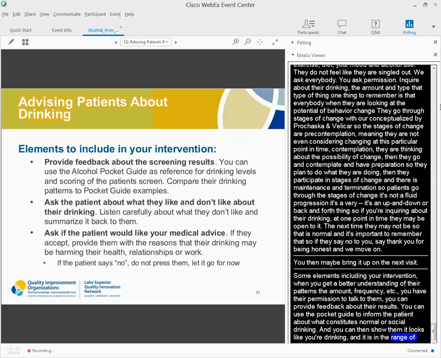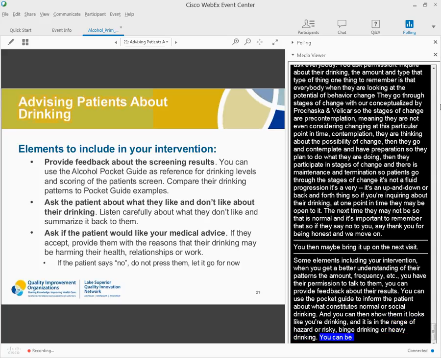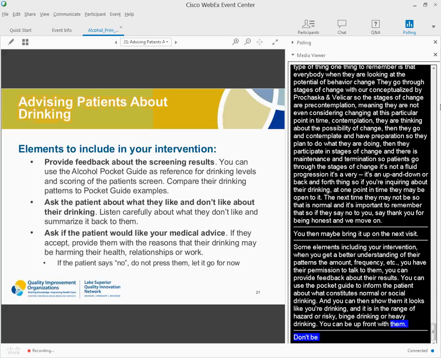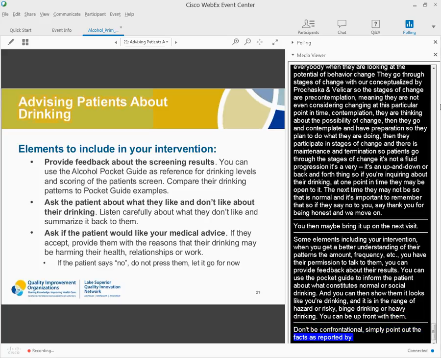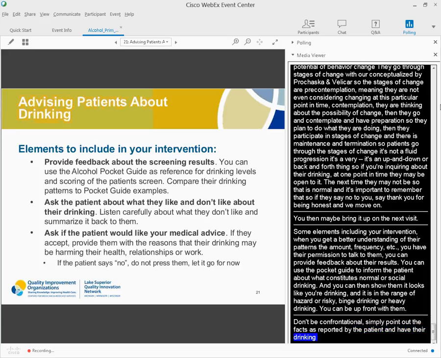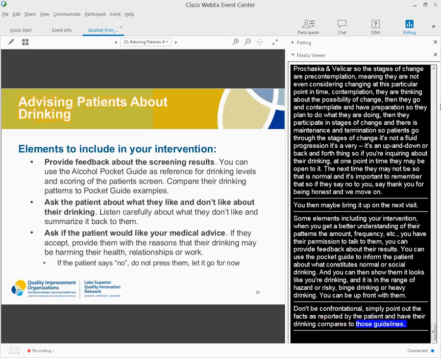You can just be upfront and honest and use the guidelines to show them. You don't need to be confrontational. You're simply pointing out the facts as reported by the patient and how their drinking compares to those SAMHSA guidelines that are on the pocket guide, or you can get them from SAMHSA. They're downloadable. You can just Google normal drinking levels and download those anywhere.